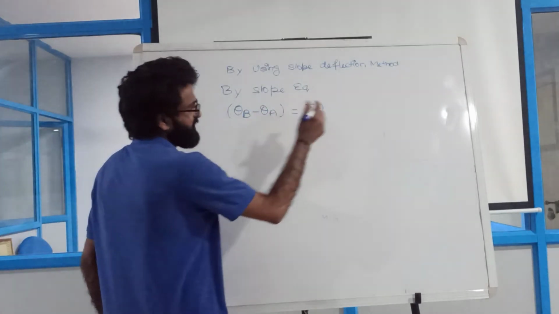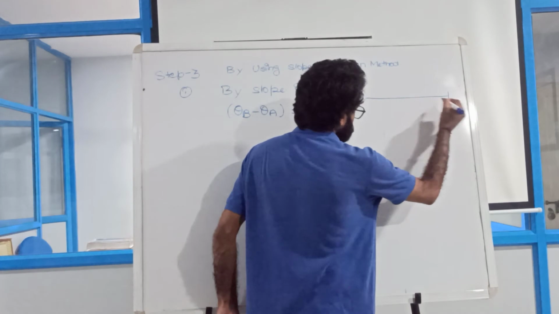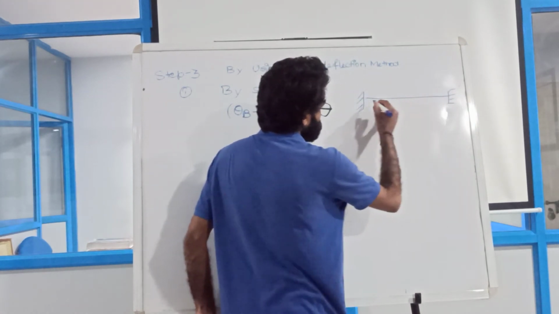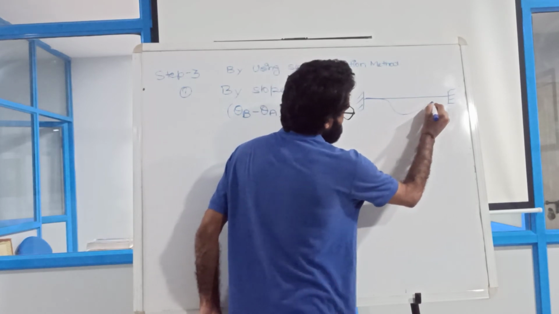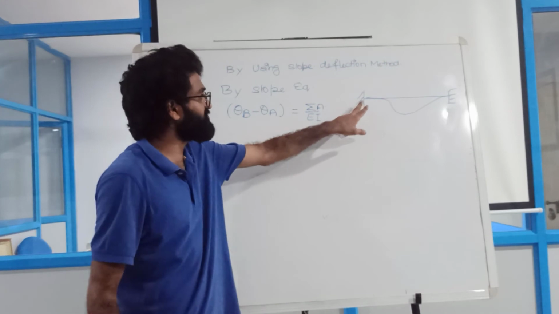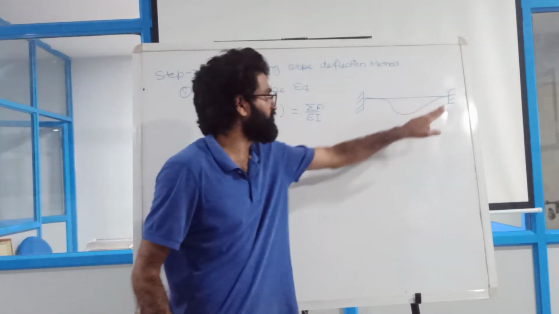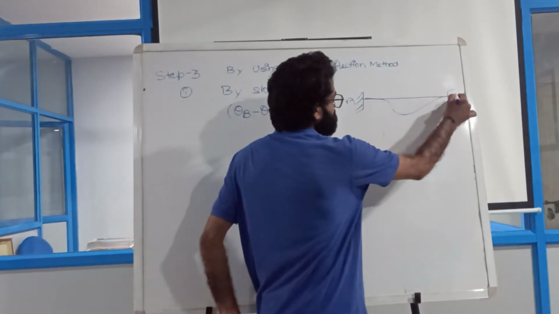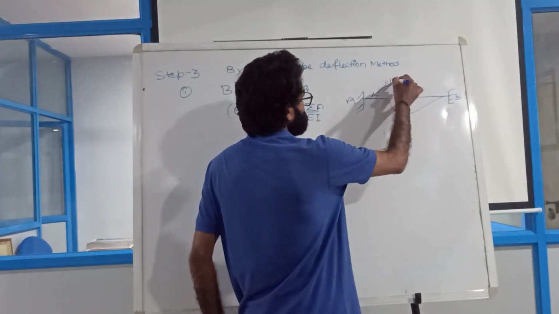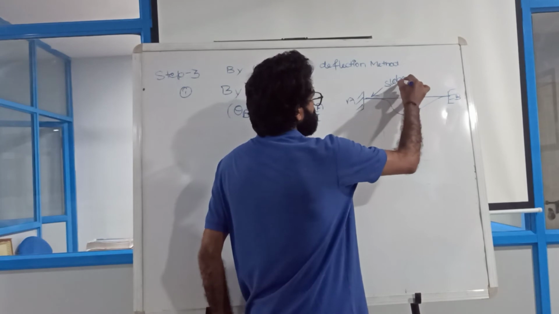And all of you know that if there is a fixed beam like this, what will be the deflection for the fixed beam? The beam will deflect something like this. Am I right? If the beam deflects like this, what is the slope at A and B? Definitely, we know the slope value at A is 0.